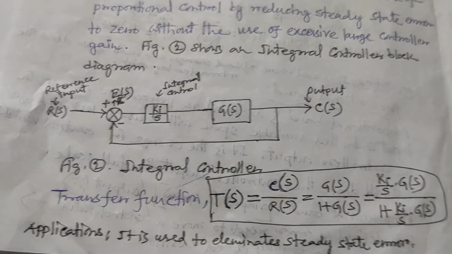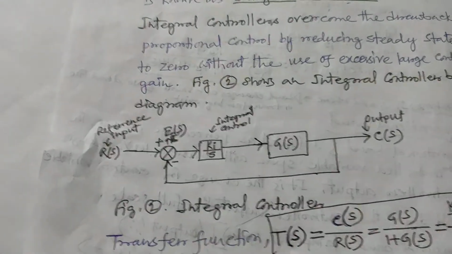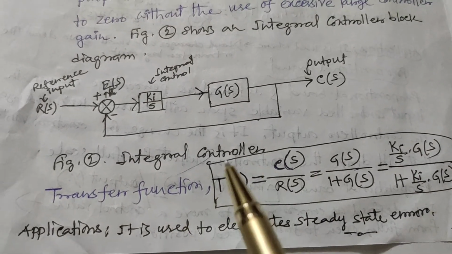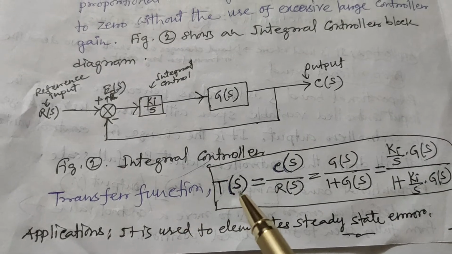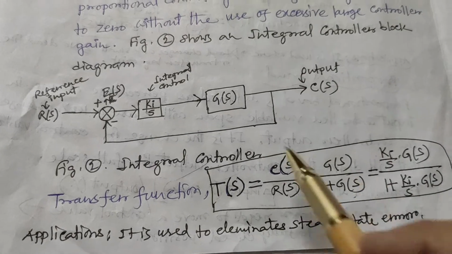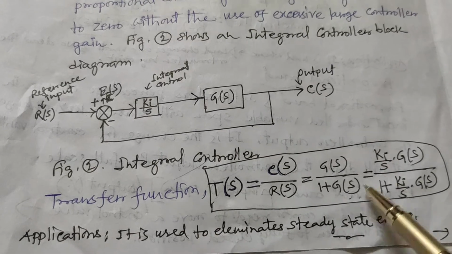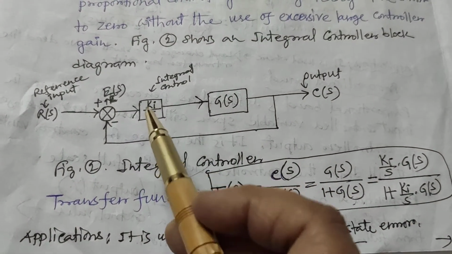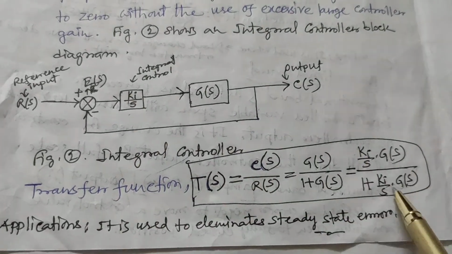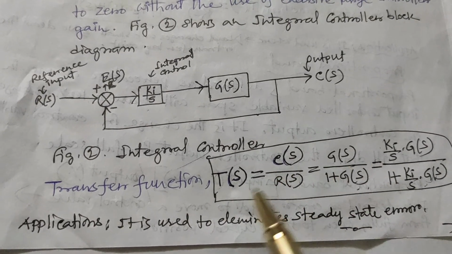So in the integral controller, from the figure we get the transfer function T(s) = C(s)/R(s) = G(s)/(1 + G(s)), here unity feedback. That is Ki/s times G(s) divided by 1 plus Ki/s times G(s). This is the transfer function of the integral controller.